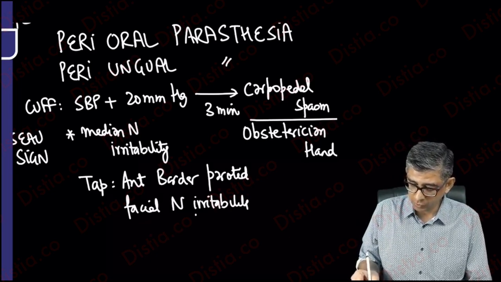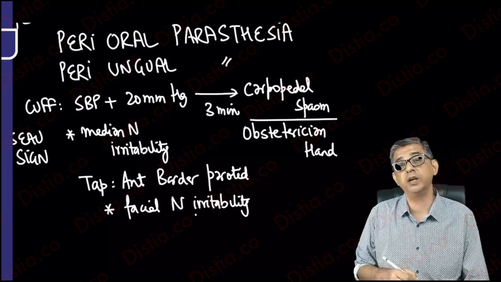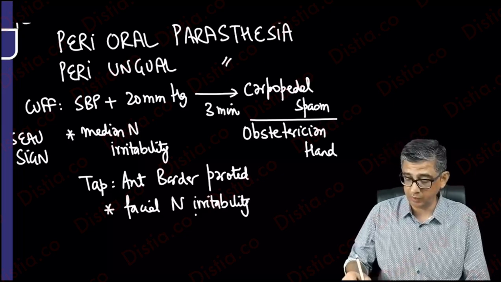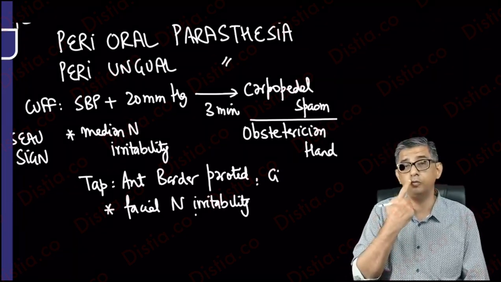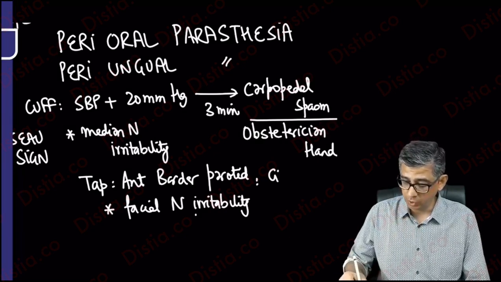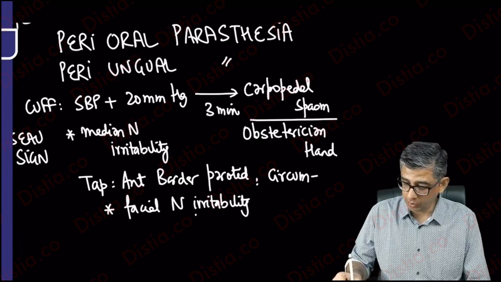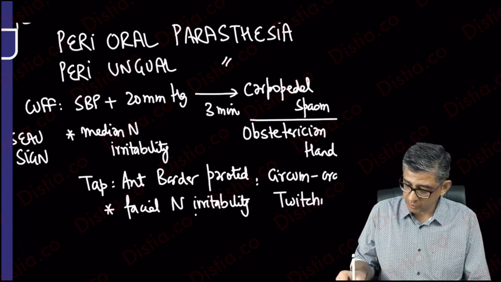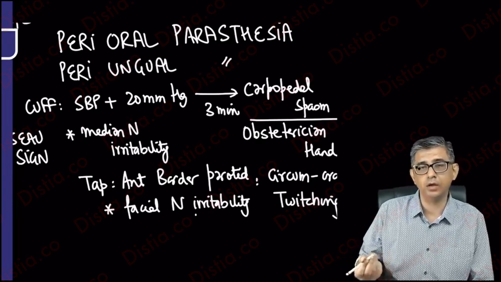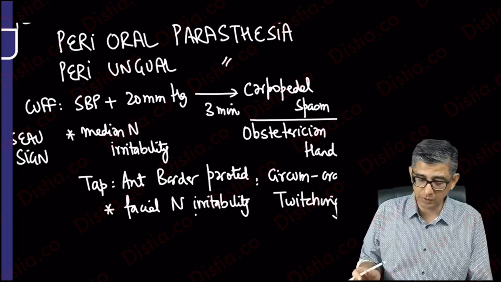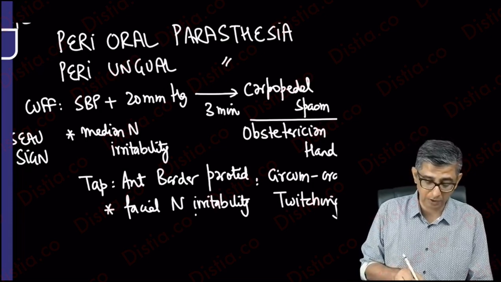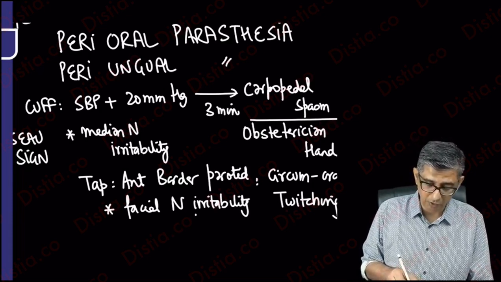But in this person, you will elicit facial nerve irritability, which will cause twitching of muscles around the lips. You would be getting circumoral twitching. These two terms, circumoral twitching and carpopedal spasm, the classical signs to be remembered here are Trousseau's sign and Chvostek's sign.